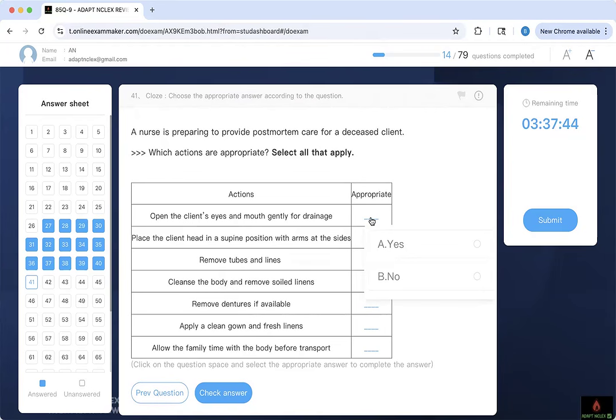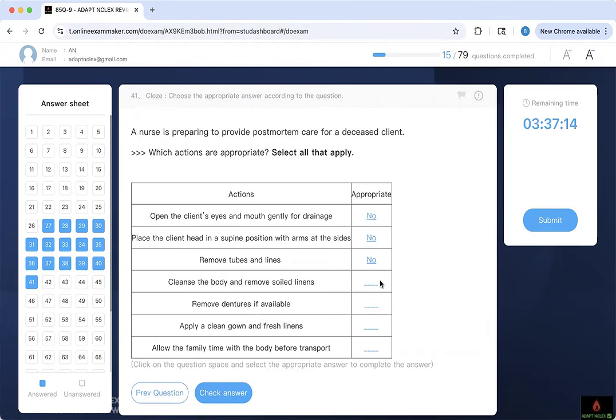Which one is appropriate? You should close the eyes. No, it's not appropriate. You can place their arms at their side, but you should lift their head up. Head should be upright to allow blood to drain. Otherwise, the face is going to be not nice. Therefore, this is not good. You should not remove tubes and lines because they may do an autopsy. So don't do that.